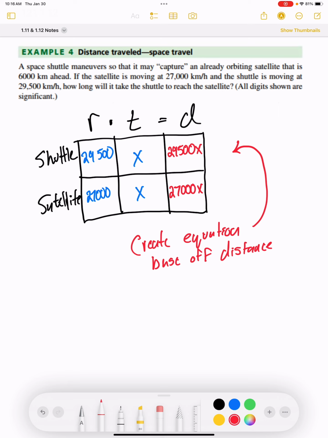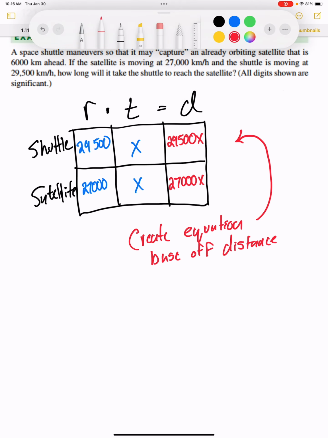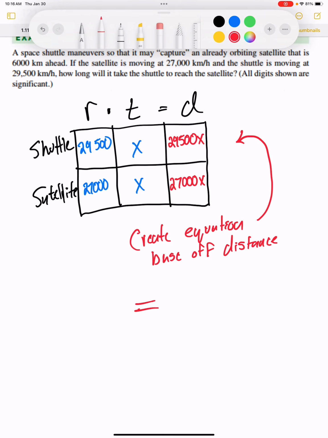So if we want to create an equation based off distance, I'm trying to set the one distance equal to another distance. So I know that these two represent distance, right? This is the shuttle's distance, and this is the satellite's distance.